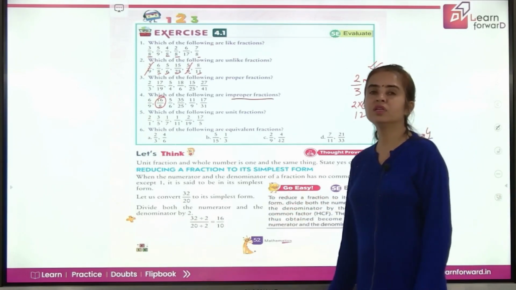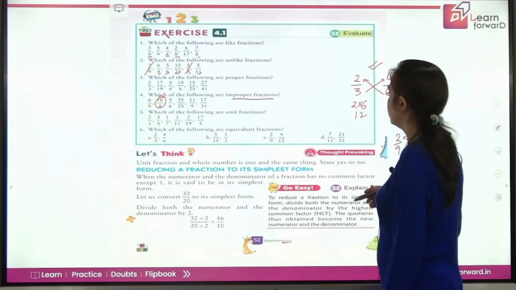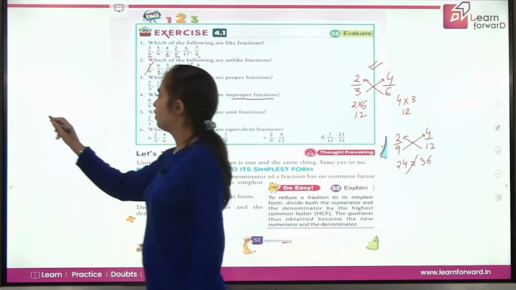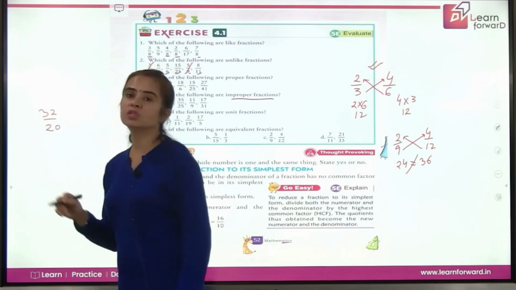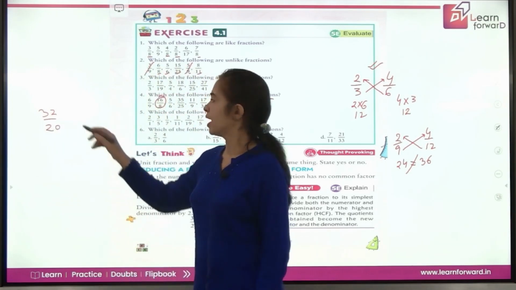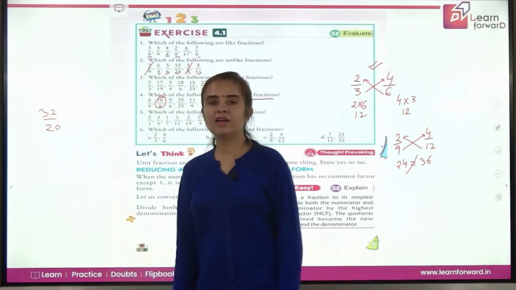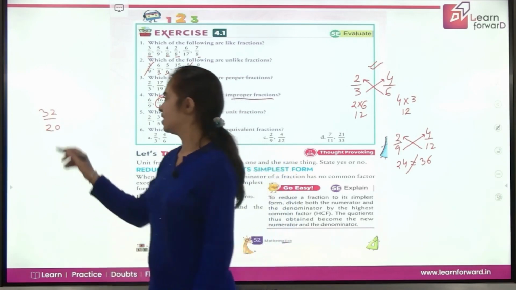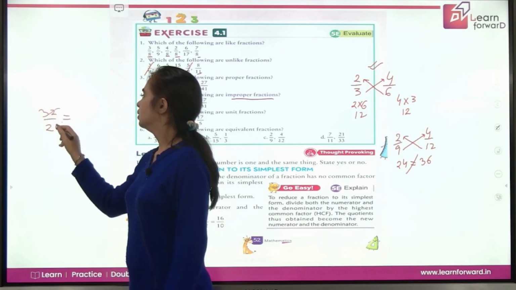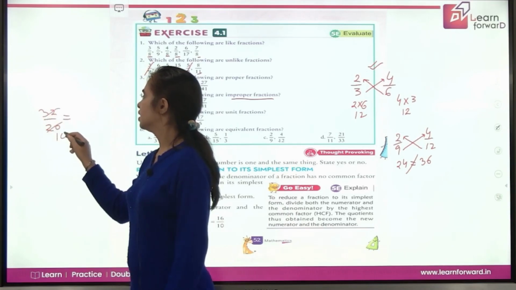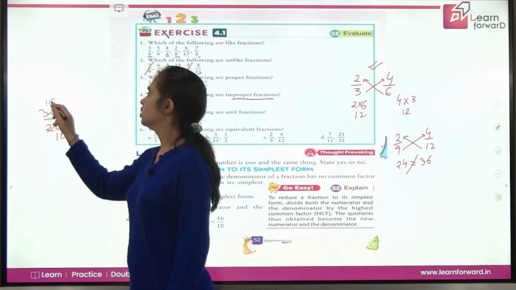Suppose you have 32 and 20 in the numerator and denominator. So your fraction is 32 by 20. You have to reduce it to the lowest form. Can you see 32 and 20 both are divisible by 2? Yes. So you divide by 2 and you get 2 tens are 20, 2 sixteens are 32, so 16 by 10.